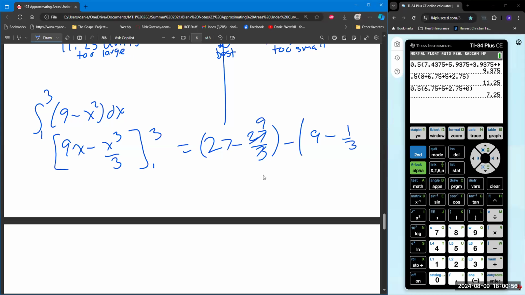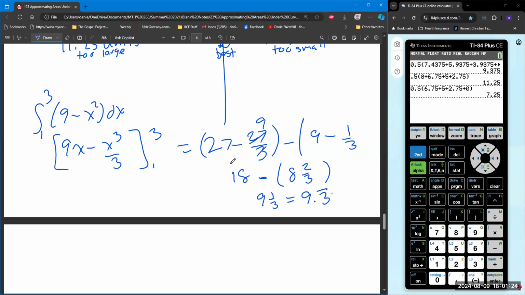So this is going to be 18 minus 8 and 2/3. 18 minus 8 is 10. 10 minus 2/3 is 9 and 1/3. So that's 9.3 repeating.